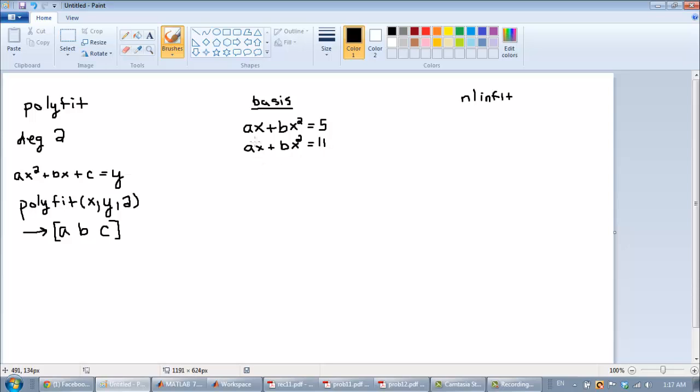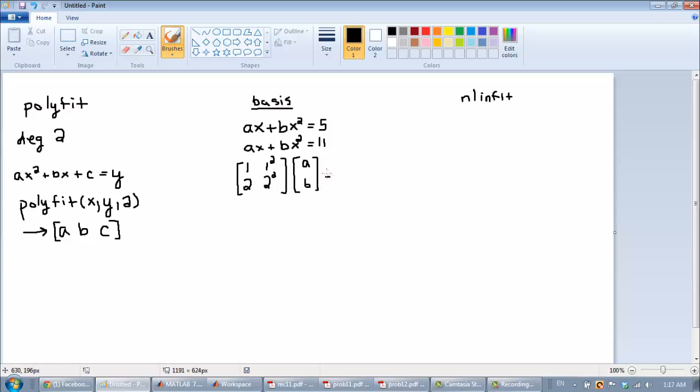So let's say the values that make this true are x equals 1 for the first one and x equals 2 for the second one. So your A, or your coefficient matrix this time, are going to be your knowns. So we sub in 1 here, and we get 1 squared here. We sub in 2 here, and we get 2 squared here. And our unknowns this time are A and B.